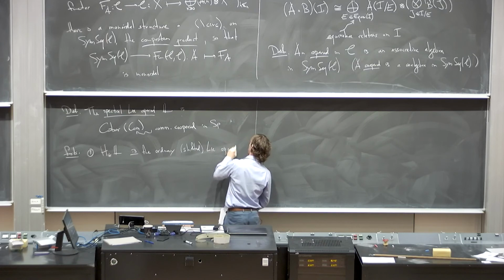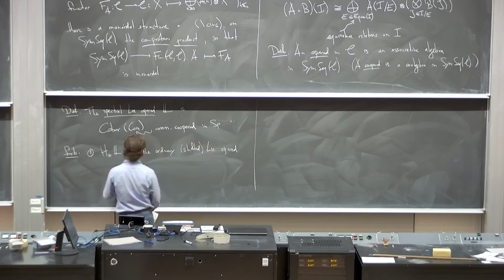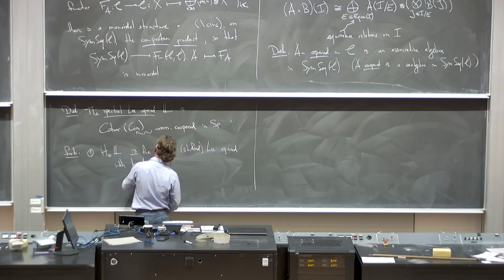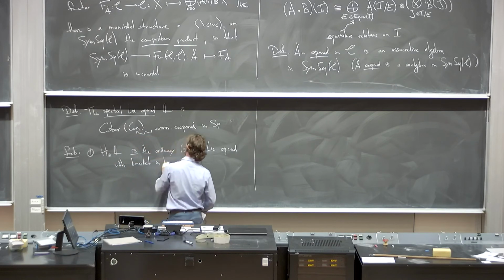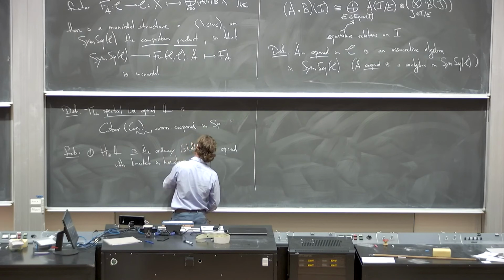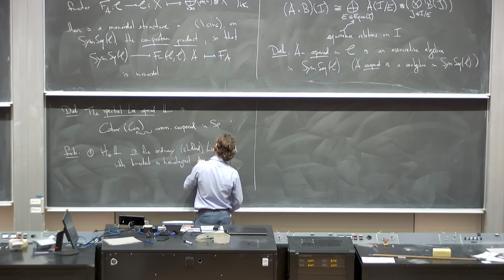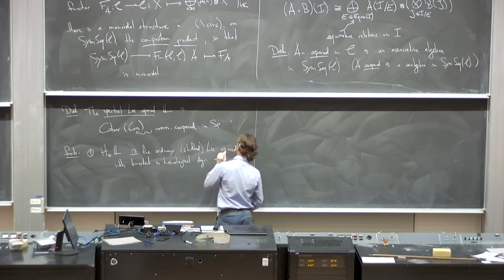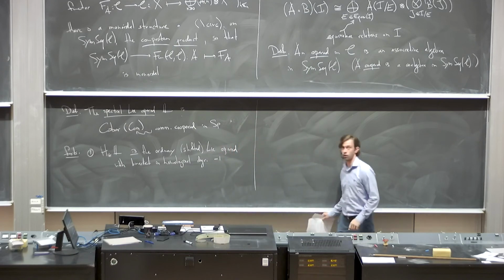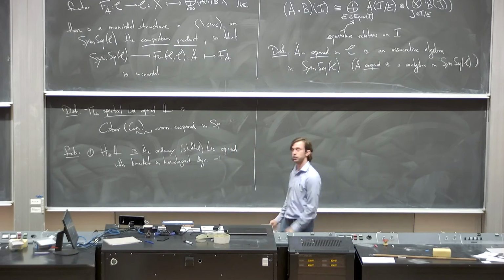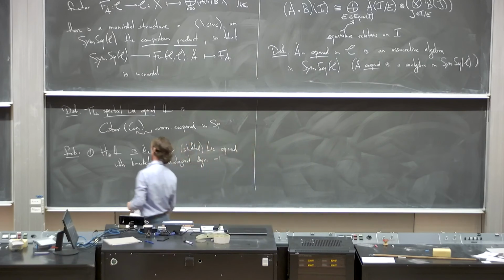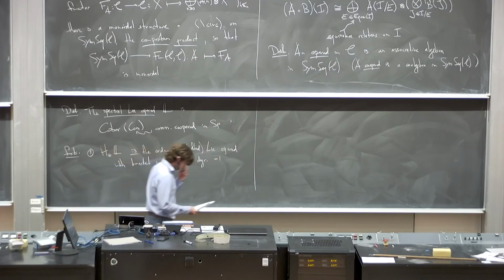Shifted in the following sense: the bracket will now live in homological degree -1. Again, you could get rid of this shift if you don't like it by redefining, but let's not.